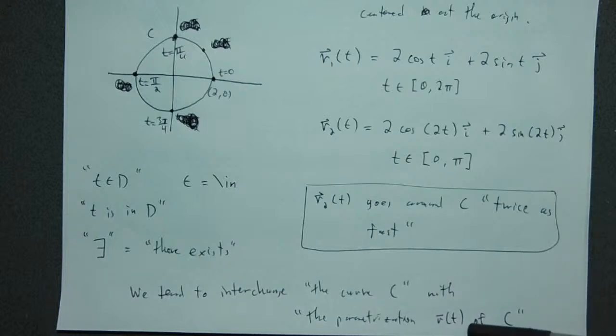So we're going to treat this R of t as if it is the curve C, even though we know it's just one way of describing it, okay?